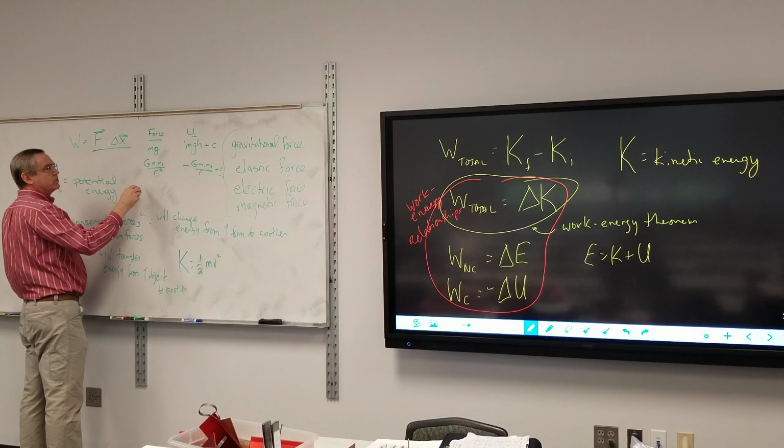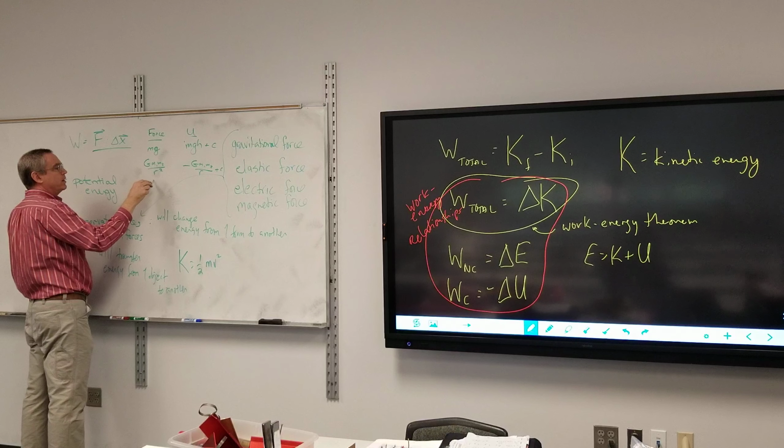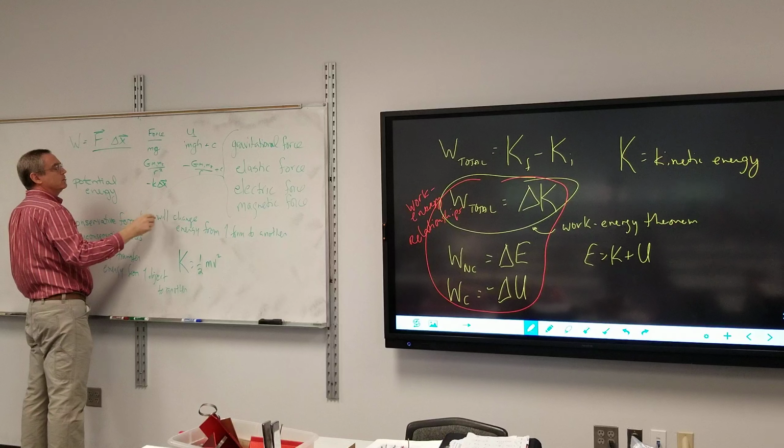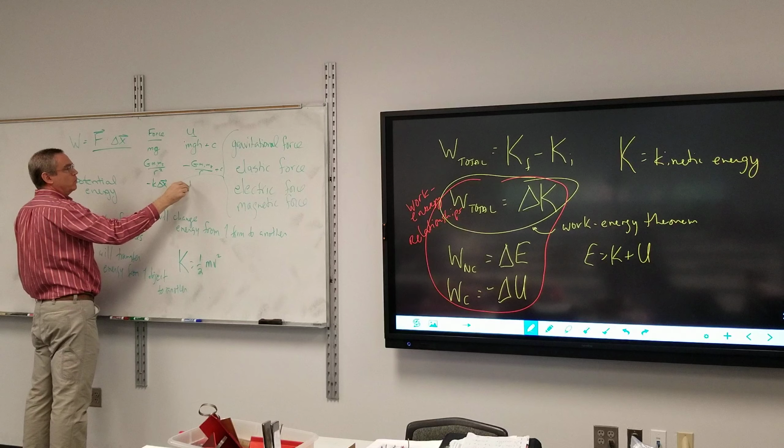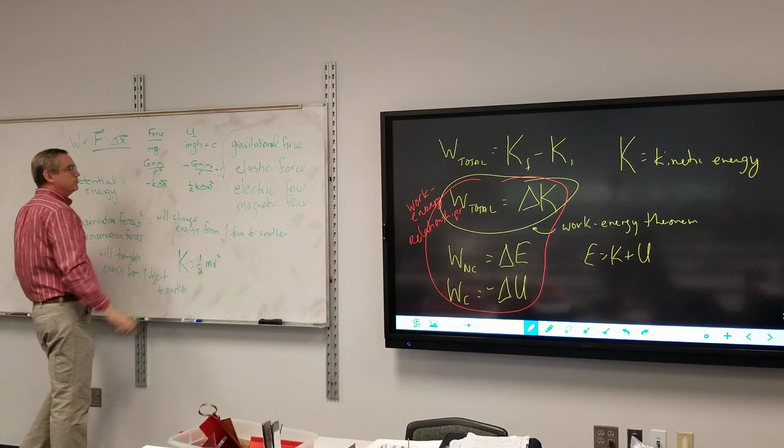The elastic force is negative k delta x, that's a lowercase k. The potential energy is 1/2 lowercase k delta x squared.